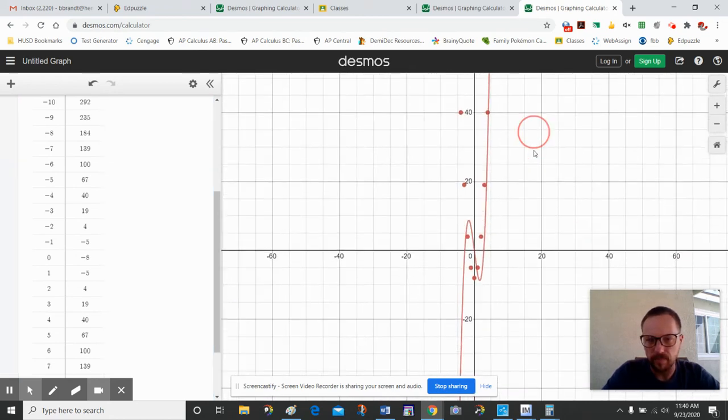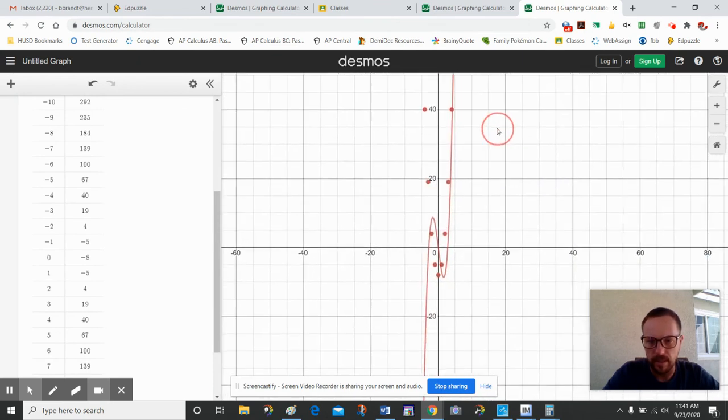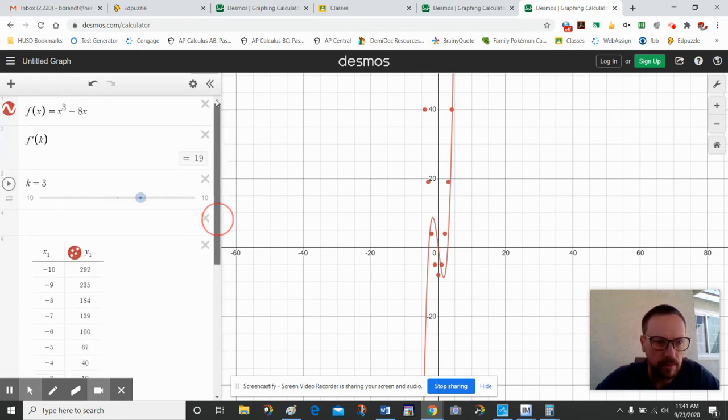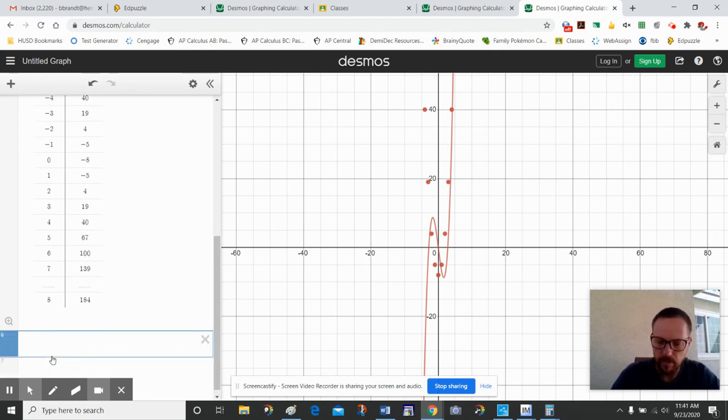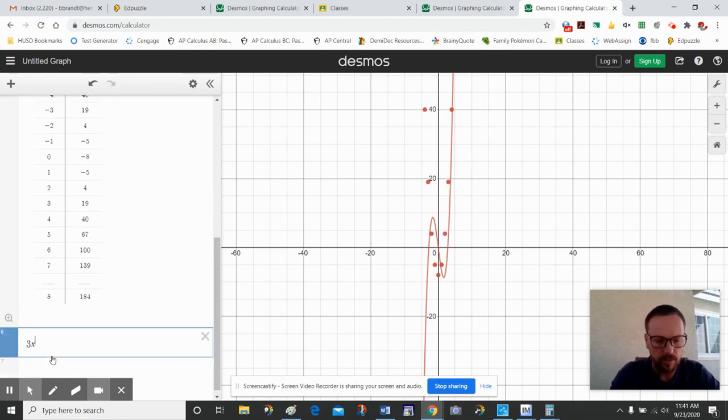And that's the idea. You can see that it gets steeper and steeper. And so this actually produces a new function altogether, which is going to be 3x squared minus 8. And it follows, right, that's what it is.